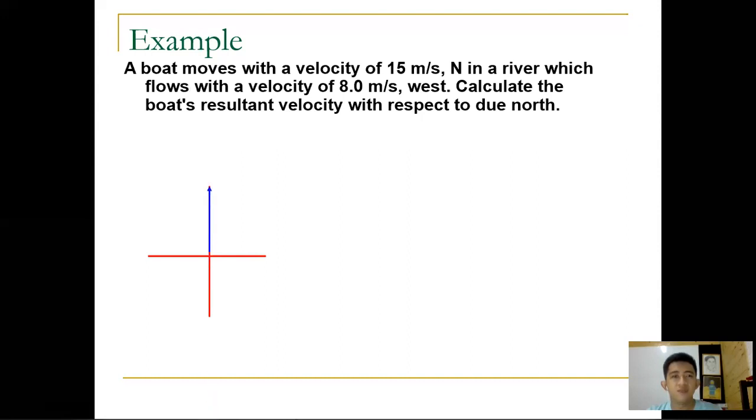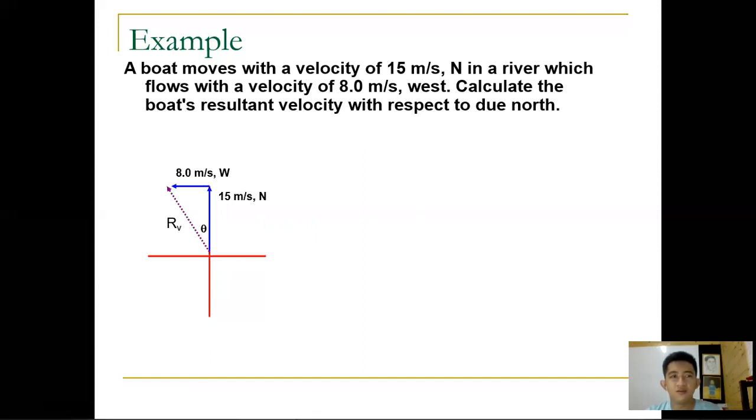So here, the boat moves 15 meters per second north. That's the velocity of the boat. Then it was moved by the current of the river by 8 meters per second moving to the west. So what is now the resultant velocity of the boat?